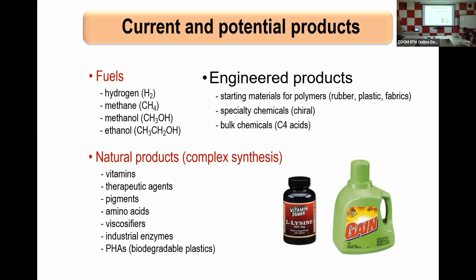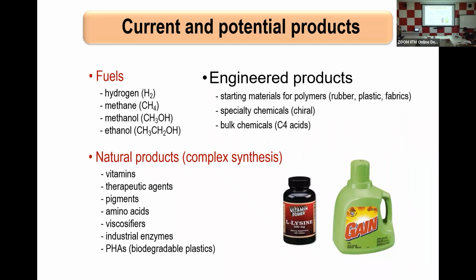So what can we do? What products are produced upfront with metabolism? Well, these are what we call the low-hanging fruits. We will discuss some of them tomorrow.